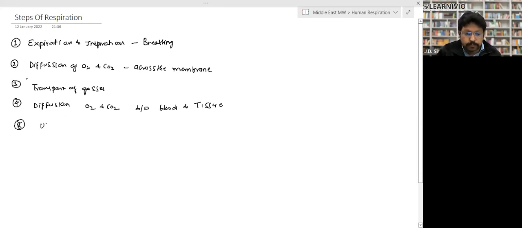Utilization of O2 by the cells for catabolic reaction and resultant release of CO2 in cellular respiration.